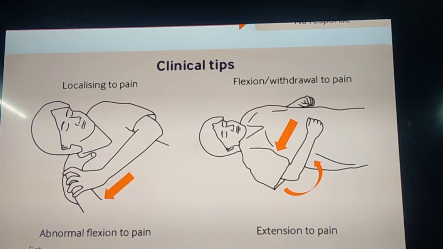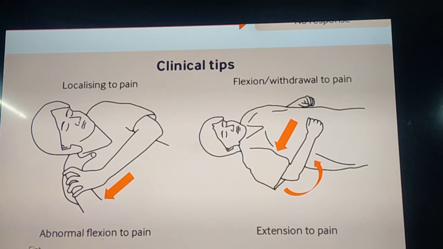Even fingernail bed pressure also we can give. When we give a trapezius squeeze, as I said, with the help of our thumb and the index finger, we are going to squeeze or pinch here on the shoulder at the trapezius muscle.